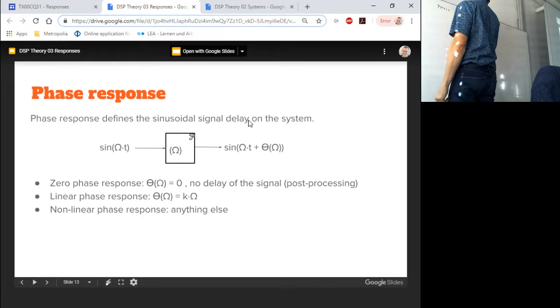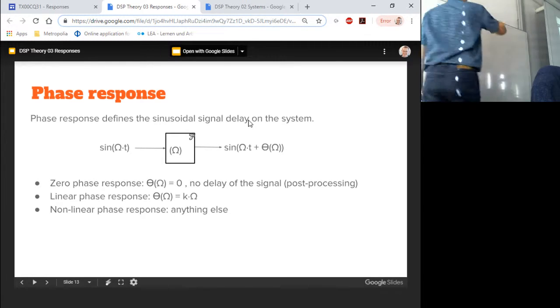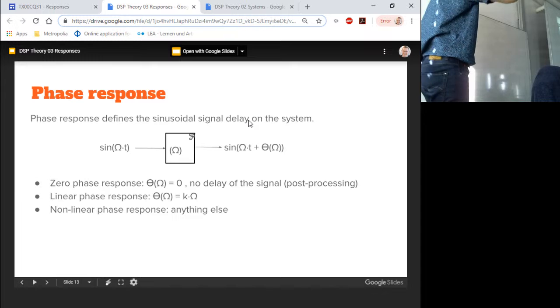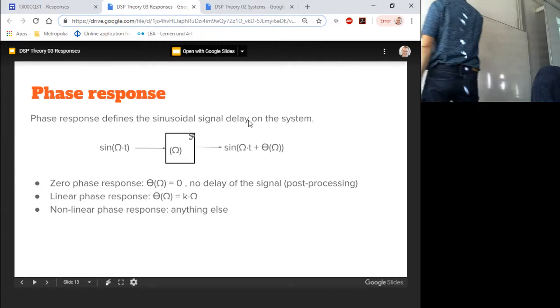Phase response gives the information of how the signal is delaying at different frequencies. So we have theta of omega.